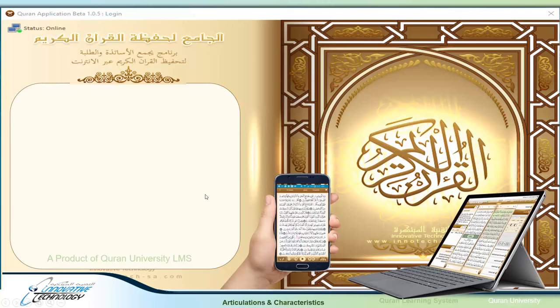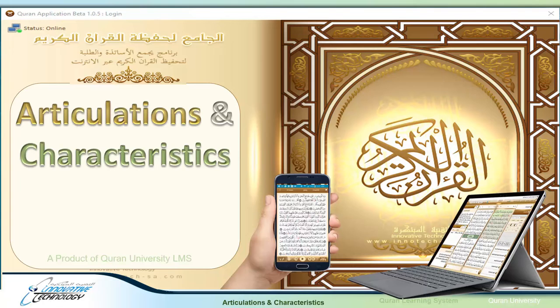So let's start, Bismillahir Rahmanir Rahim, with our topic for this lesson, which is articulation and characteristics of Arabic letters.